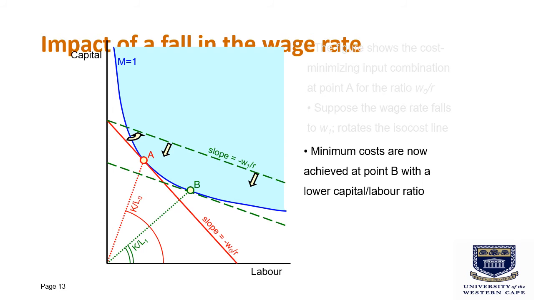So remember what we're trying to do. We're still trying to produce one output, right? We're not changing the quantity or moving to a new isoquant, because it's a change in wages. We're still trying to keep our output fixed.